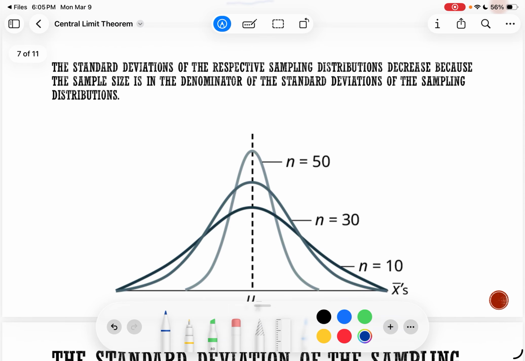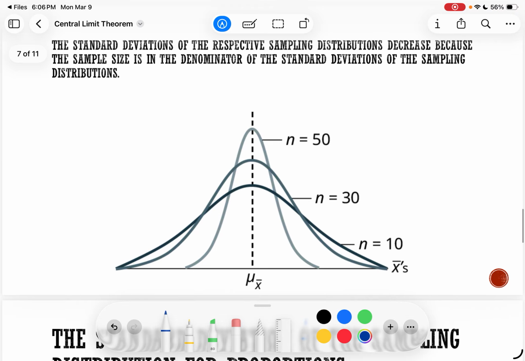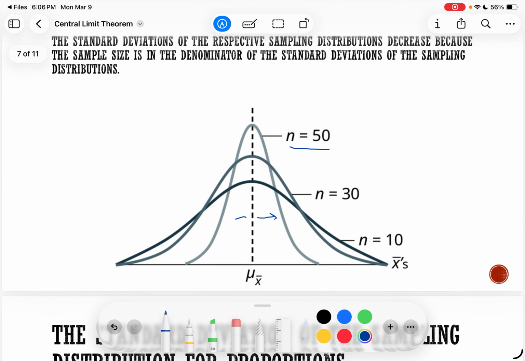We can also see that the standard deviations of the sampling distributions decrease because the sample size is the denominator of the standard deviation of the sampling distribution. So the larger the sample size, like 50, we have less deviation from the mean than with a sample size of 30 or 10, which are much further away from the mean.